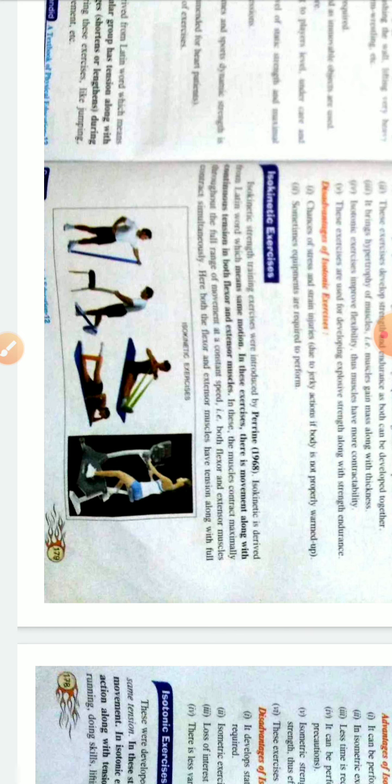That is, both flexion and extension muscles contract simultaneously. Here both flexor and extension muscles have tension along with full range of movement, upward downward, upward downward. This is known as isokinetic exercise, movement at constant speed.